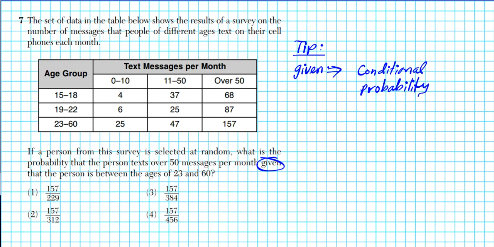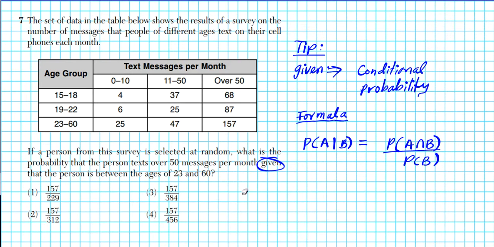So if you think about conditional probability, there's a formula that is applicable to these type of problems. Okay? So the probability of A given B, so this bar right here means given, probability of A given B is basically the probability of A intersect B, or A and B, divided by the probability of B.